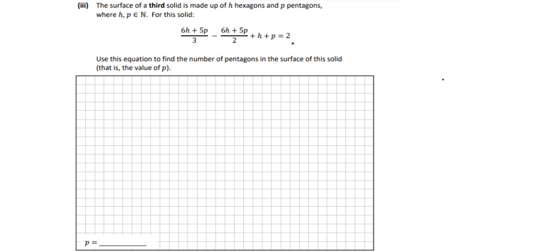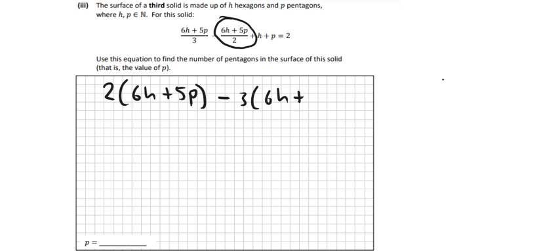So what I'm going to do here anyway is I'm going to multiply everything across by 6. If you multiply this part by 6, the 6 and the 3 will cancel out, so you'll have to multiply the top by 2. So we end up getting 2 times 6h plus 5p minus, and then I'm going to multiply this part here by 6. If you multiply that by 6, the 6 and the 2 will cancel, so you're left with 3 on top. So 3 times 6h plus 5p.